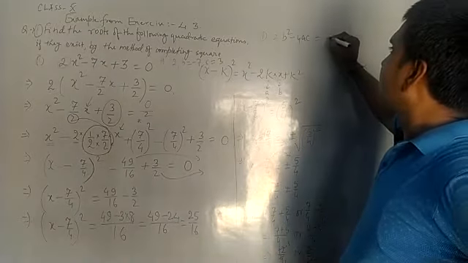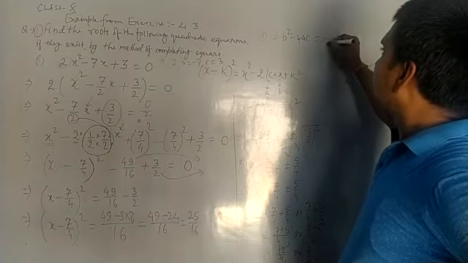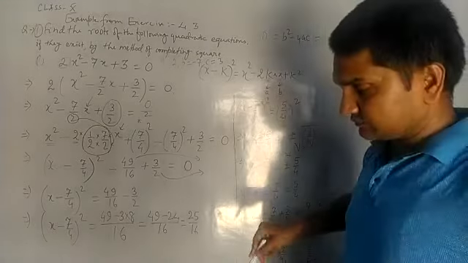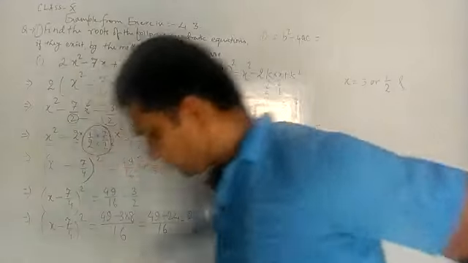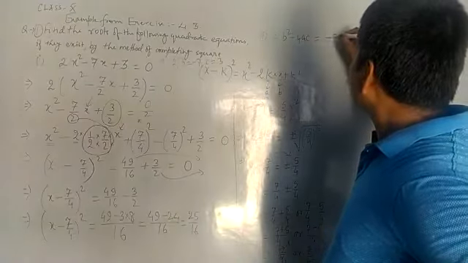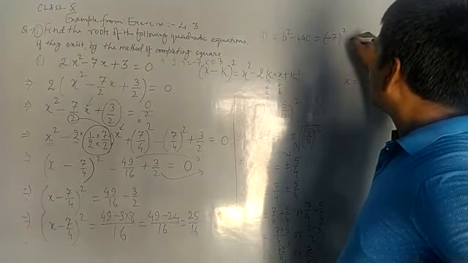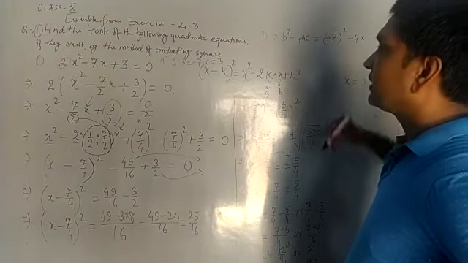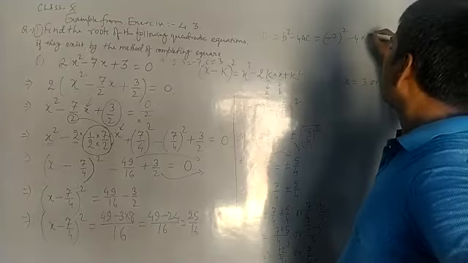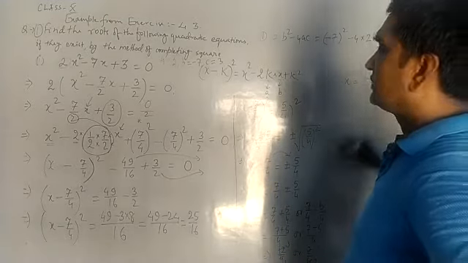So D is minus 7 whole square minus 4 into a, what is a? a is 2. What is c? c is 3.